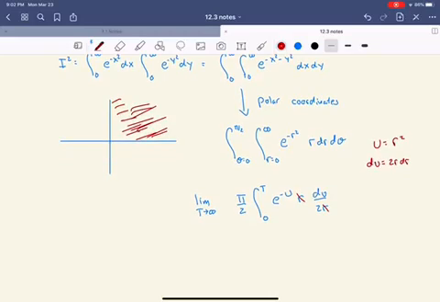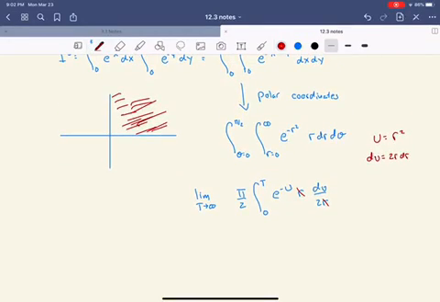Okay. So we end up getting pi over 4 times the limit as t goes to infinity of negative e to the negative u from 0 to t.